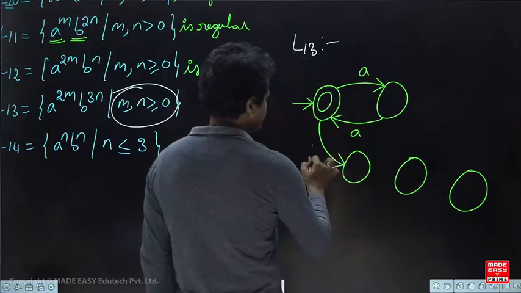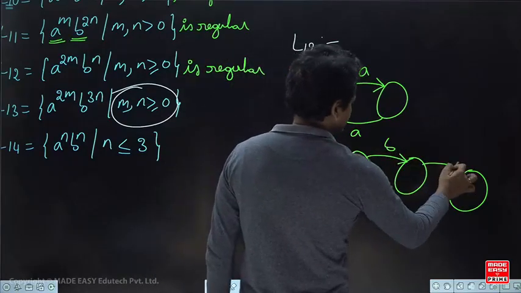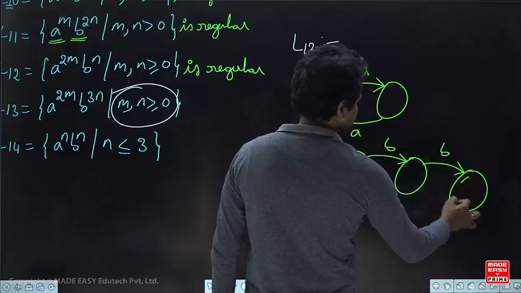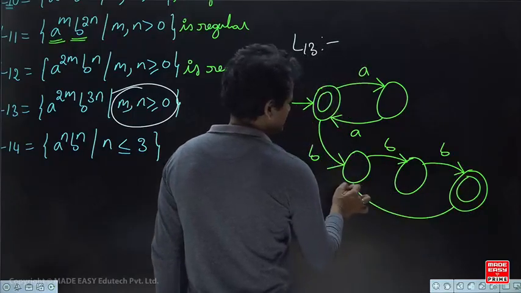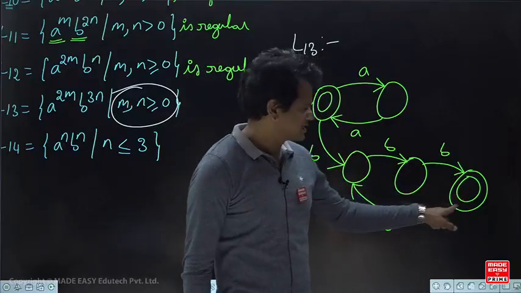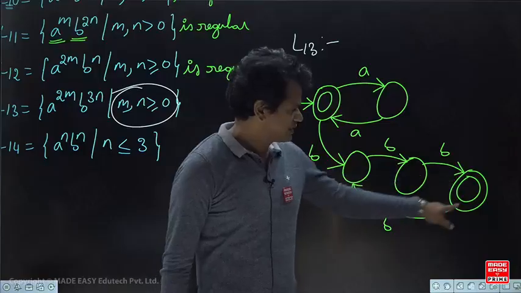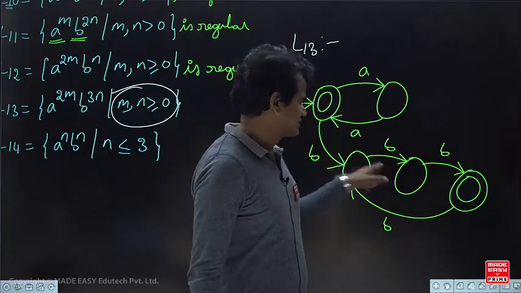So first B, don't accept. Second B, don't accept. Third B, accept. Because it is a multiple of 3. Fourth B, don't accept. Fifth B, don't accept. Sixth B, accept. Seventh B, no. Eighth B, no. 9, yes. 10, 11, 12, yes, 13, 14, 15, yes, 16, 17, 18.